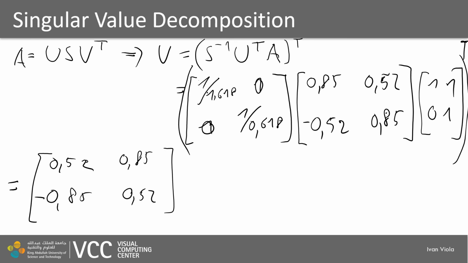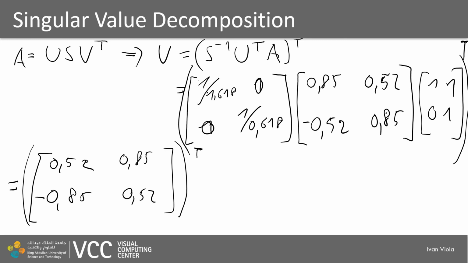This is the product calculation. So this also would need to be transposed in order to find the matrix V.